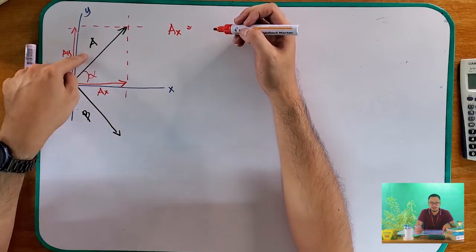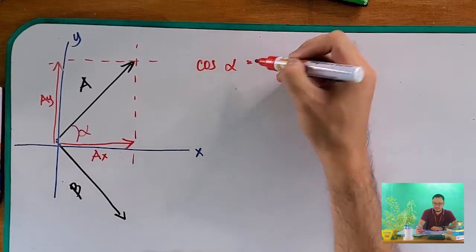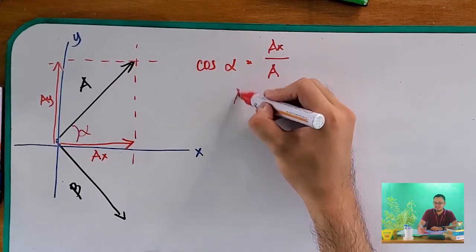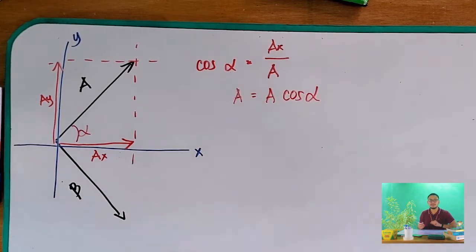To get the x coordinate of A, what you will do is adjacent over hypotenuse. So, cosine of alpha is equal to Ax over A. Or basically, this is just equal to A cosine alpha.